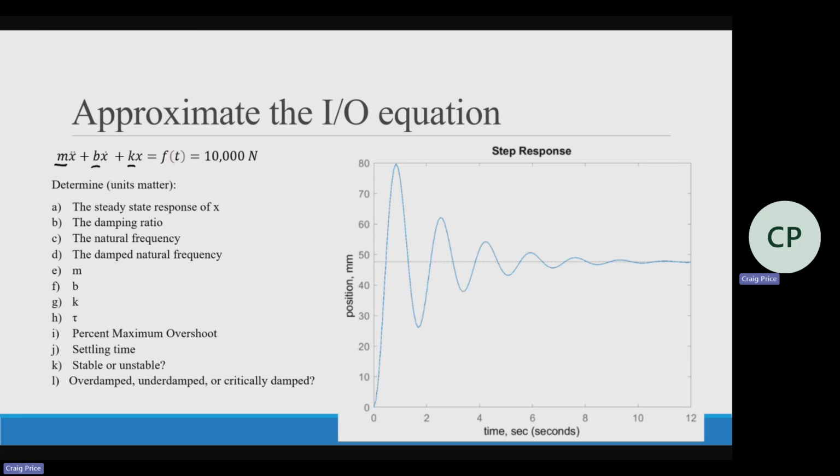So I'm hitting this thing with 10,000 newtons. It's a step input. And what I'm getting is a position in millimeters. So we're seeing that this mass spring damper system moves, and it oscillates a little bit until it reaches a steady state.